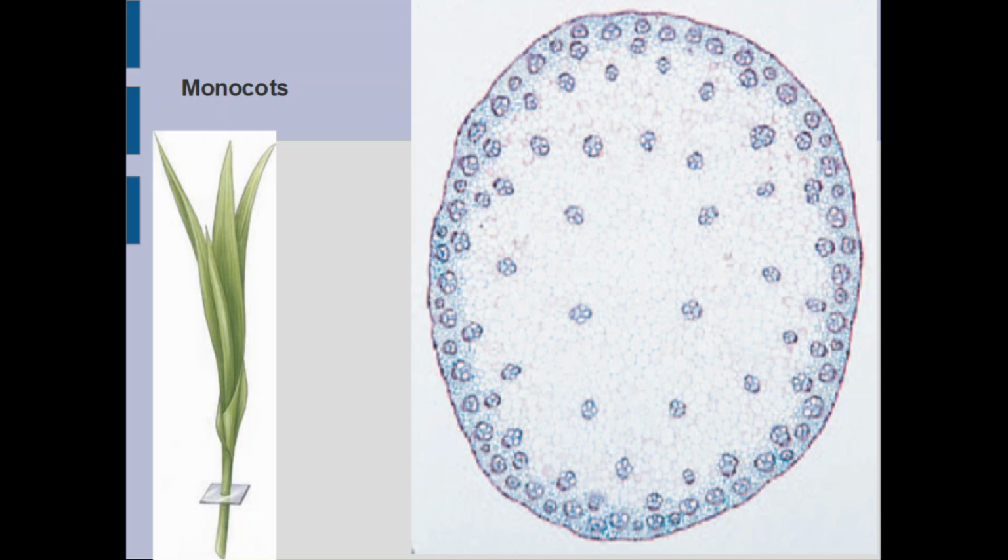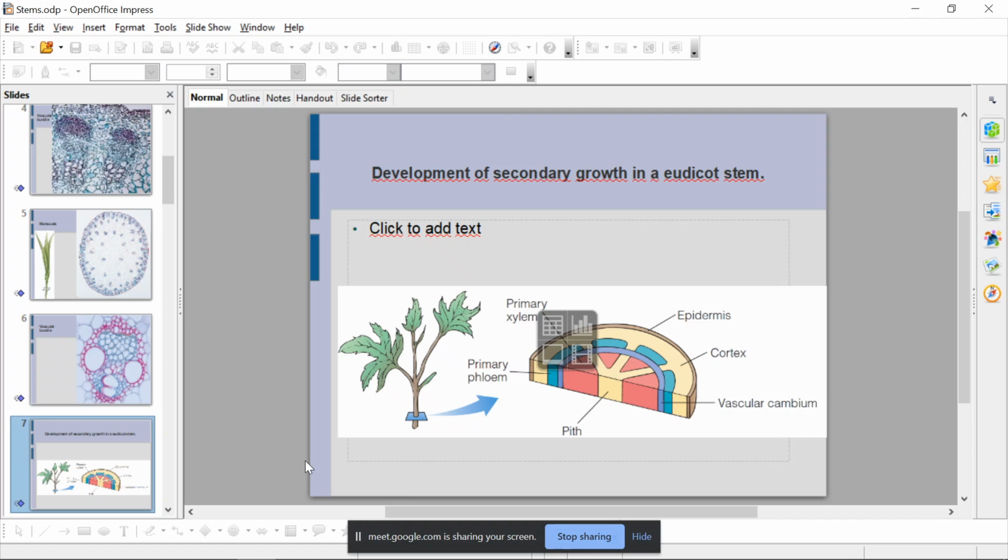The difference in monocots is that they don't have the lateral meristems, and that is why they don't have a secondary growth. So they only have a primary growth, so there is no bud and root.